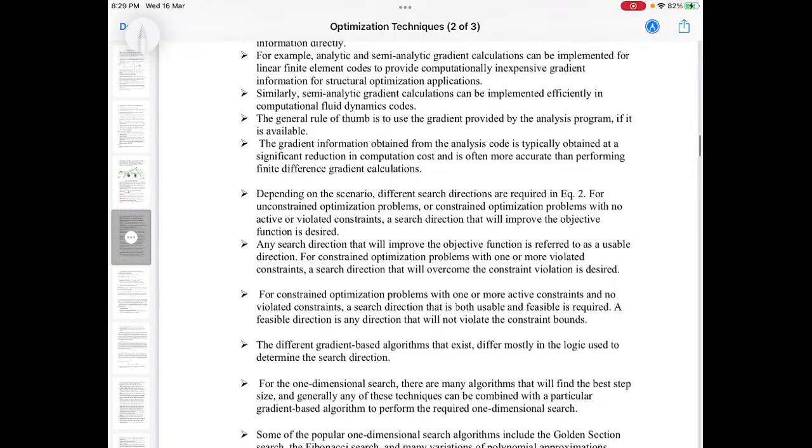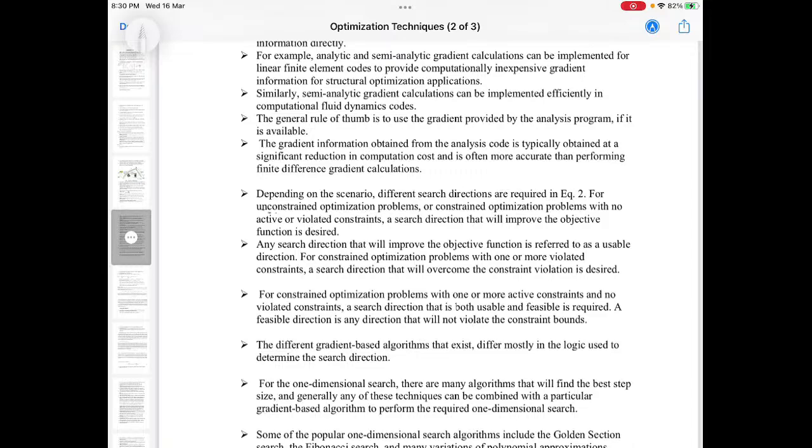So the gradient information obtained from the analysis code is typically obtained at a significant reduction in computation cost and is often more accurate than performing the finite difference gradient calculation, and depending on the scenario, different search directions are required in equation number 2.